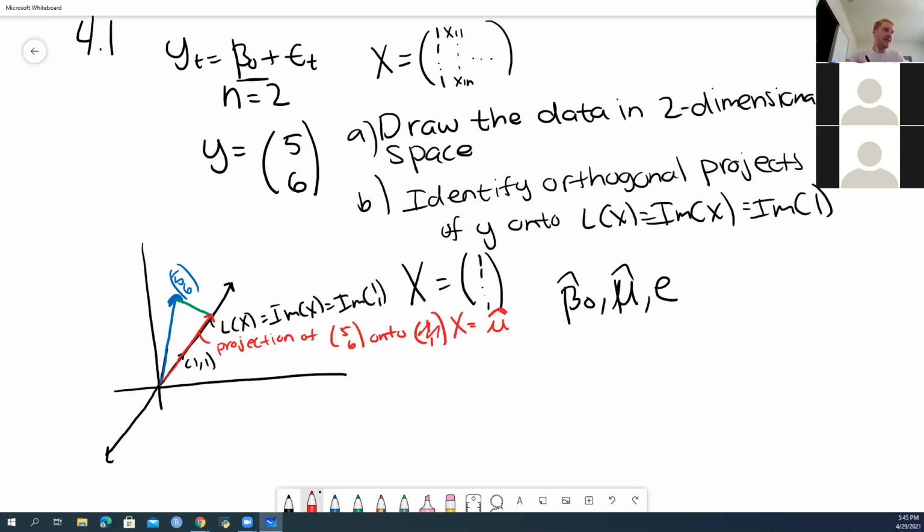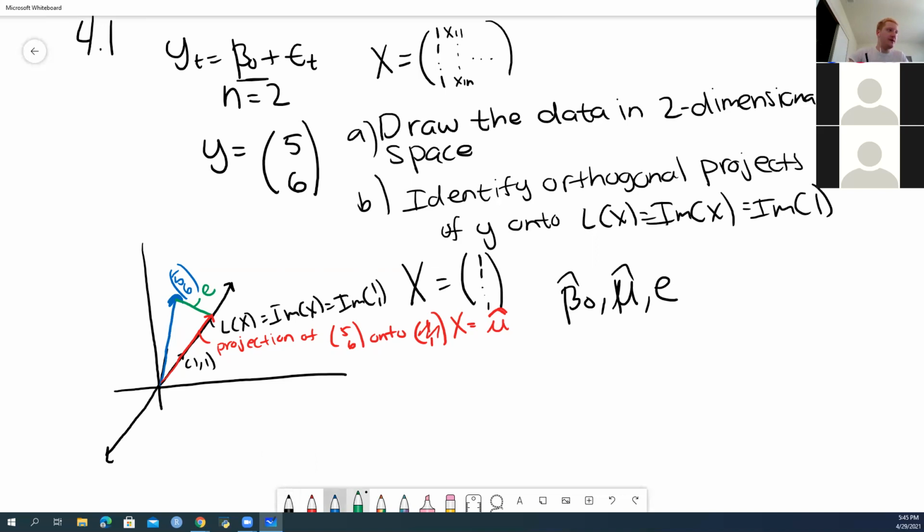We're asking, what's the closest we can get in our data subspace? We have this y vector, so we take the orthogonal projection. So this is mu hat. E is going to be this error vector here. Basically E is saying, how much do we mess up? So it's really y minus mu hat.